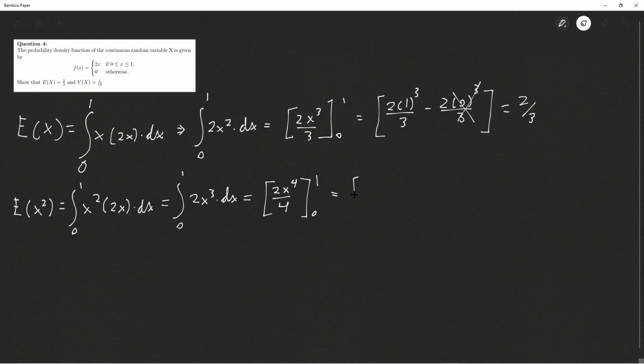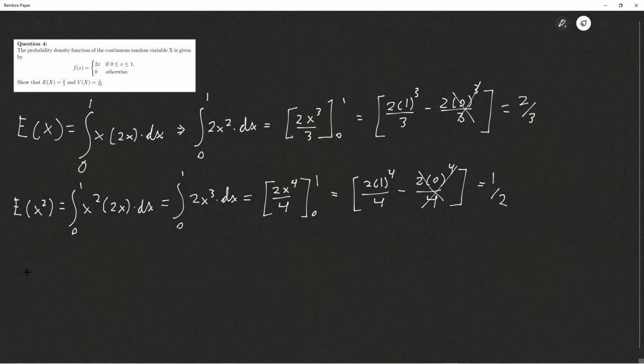Now, putting in our bounds, this will give us 2 multiplied by 1 to the 4 divided by 4 minus 2 times 0 to the 4 divided by 4. And since this is 0, this will just simplify to 1/2.